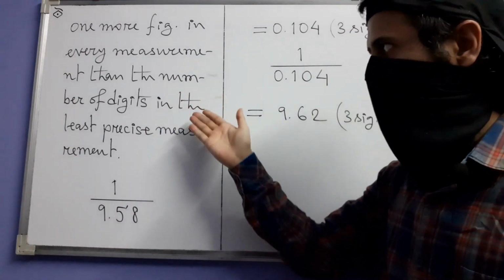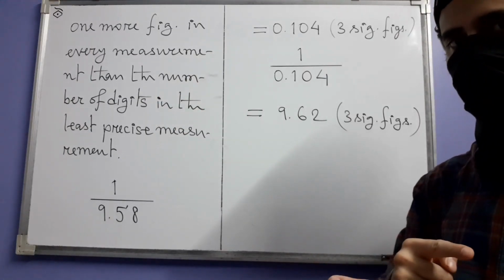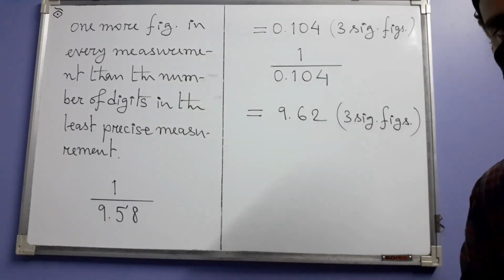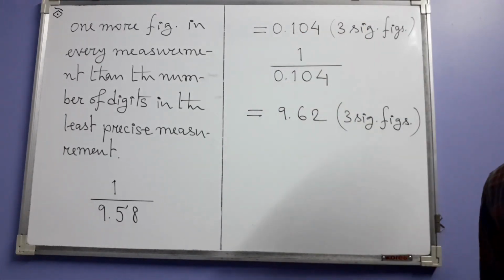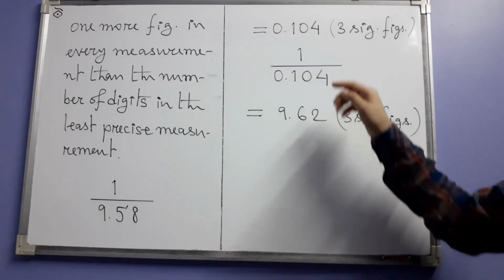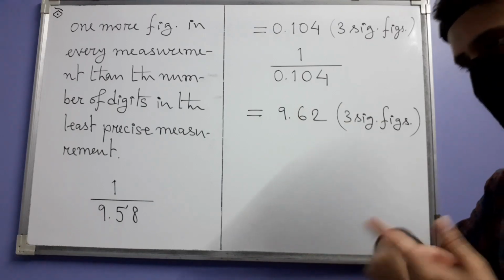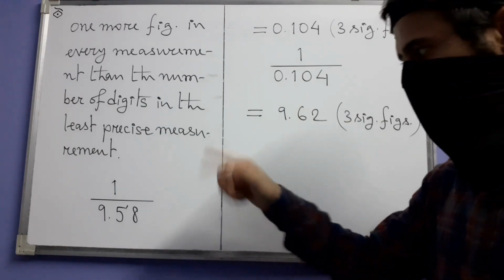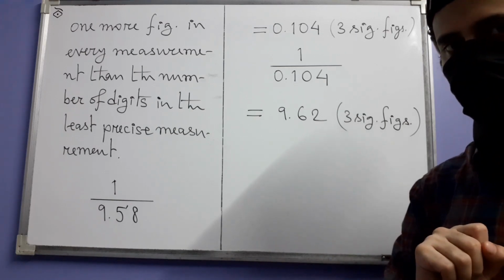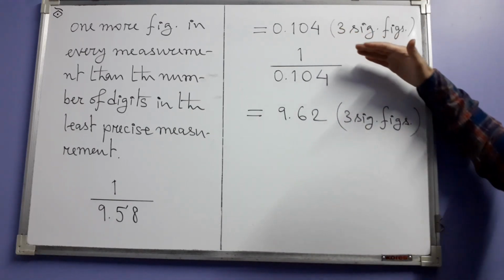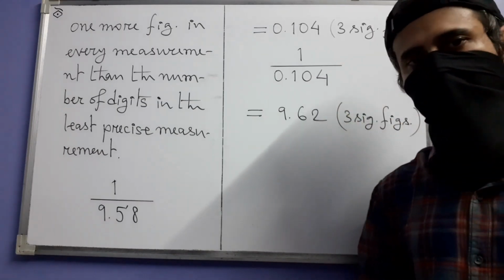Now what was the advice that we saw here? That we should keep one more figure. We are not following that advice here, so we decide to use only 3. And then, say this is not where we stop, but actually we then take the reciprocal of this. So the reciprocal of a number mathematically is equal to the number. Now what will happen if we take the reciprocal of this, keeping that 3 significant figures in mind?